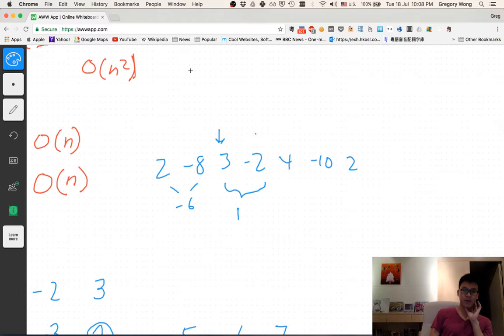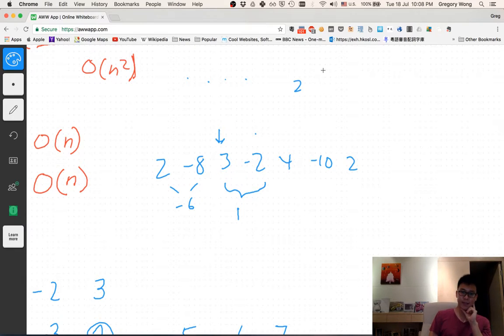If it was all positive numbers, I would just keep adding, right, and I would just add the entire array. But the thing with negative numbers is when I see one, I have to do something differently. So in this case, I would start at 2.